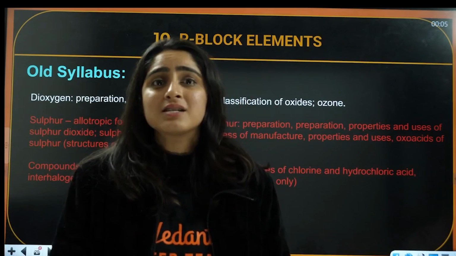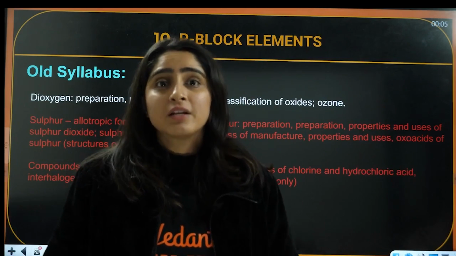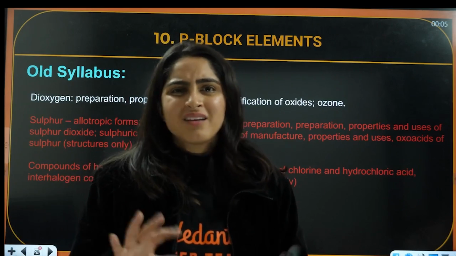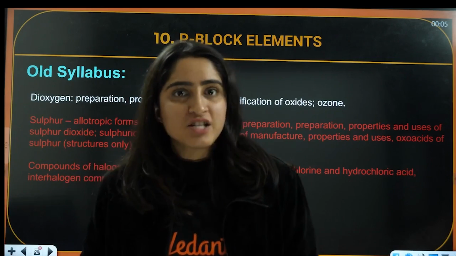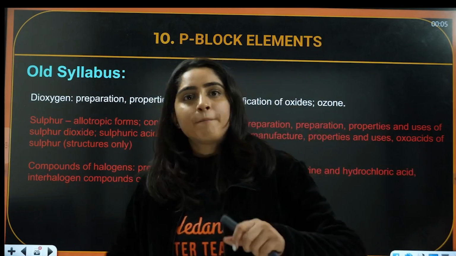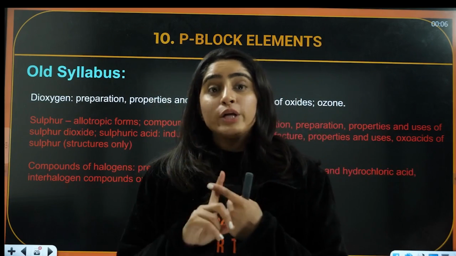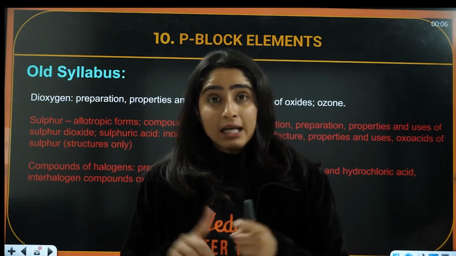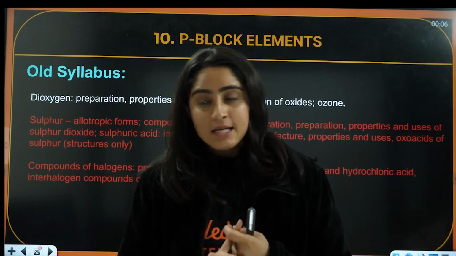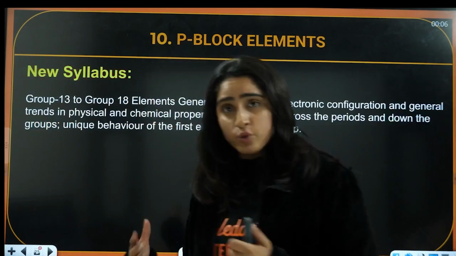So how will they ask the questions? From where will they ask the questions? Chemical periodicity and classification has no such big questions from that chapter. So you need to focus on this chapter as well. You need to read the P block NCERT, the old NCERT of 11th class and 12th class, right? Okay, so that is my advice to you.